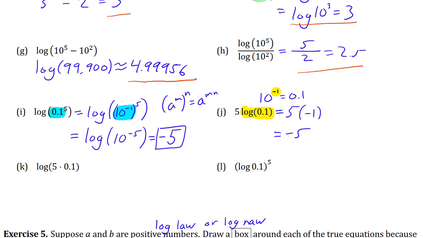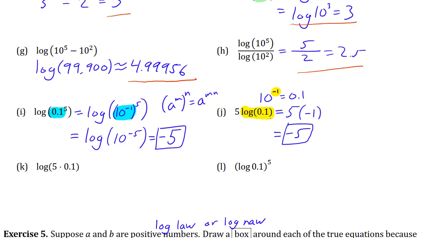So in both I and J, we're doing negative 1 times 5, but in different ways. Here we're using the exponent rule for combining a power to a power. Here we're doing 5 times negative 1 because we're doing log of 0.1 first.